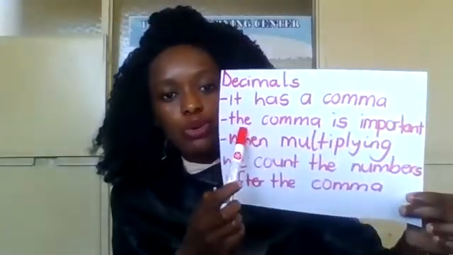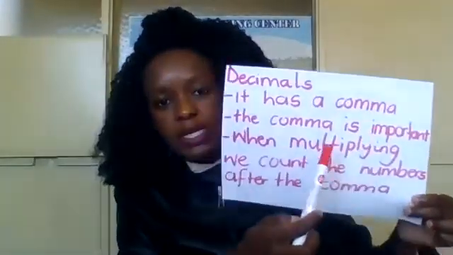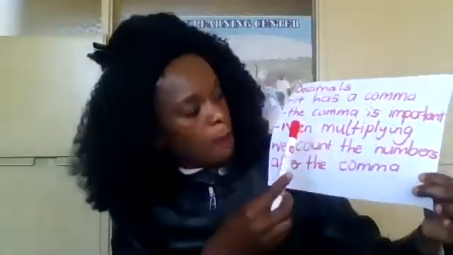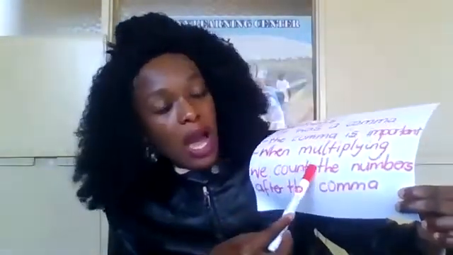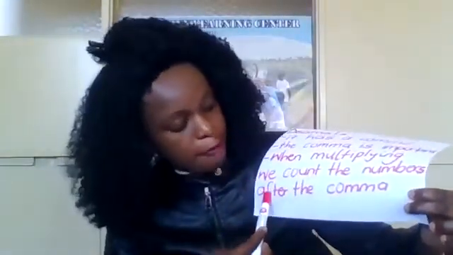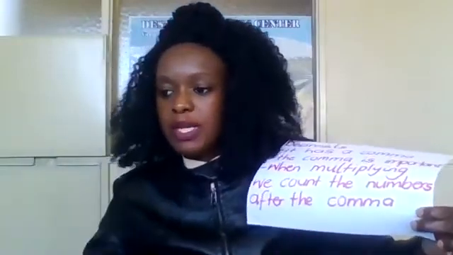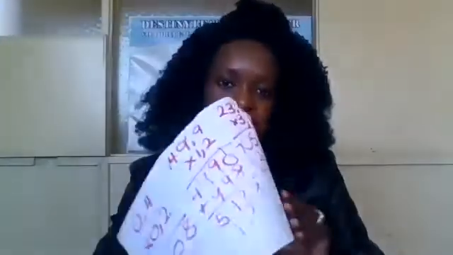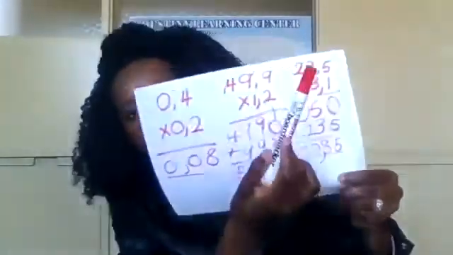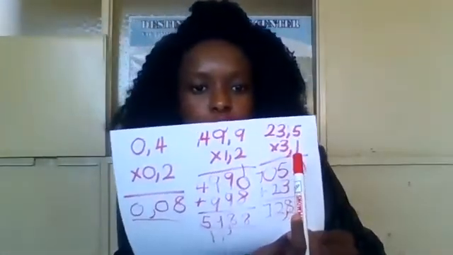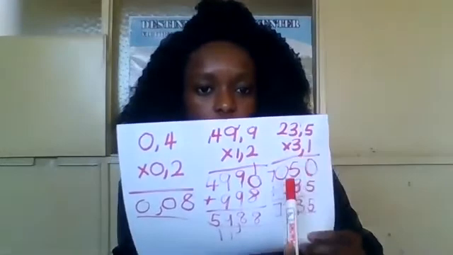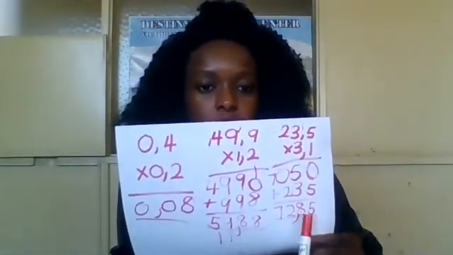Don't forget it. When you are multiplying, we count the numbers after the comma, like what we did here. We said there are 1, 2 numbers after the comma. So we come to our answer 1, 2.